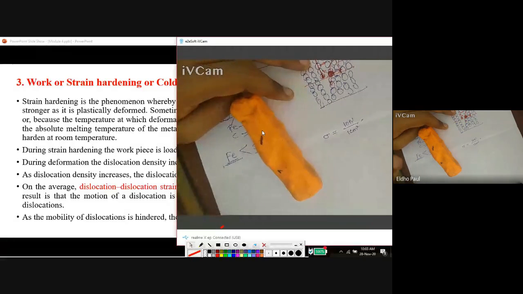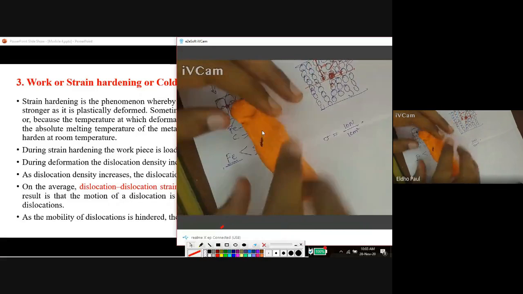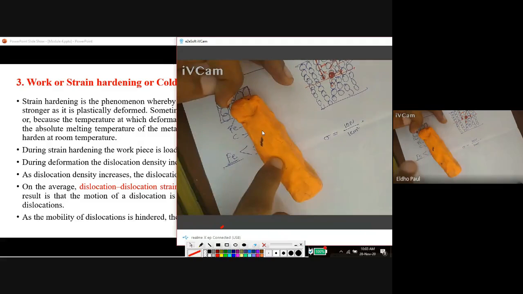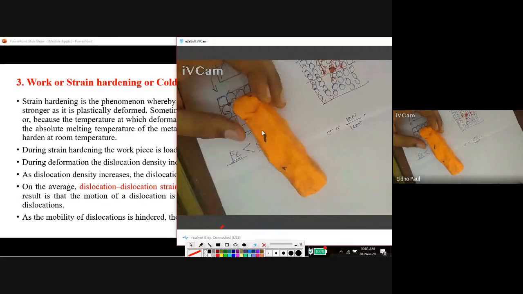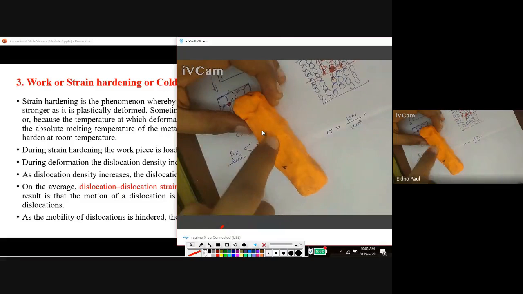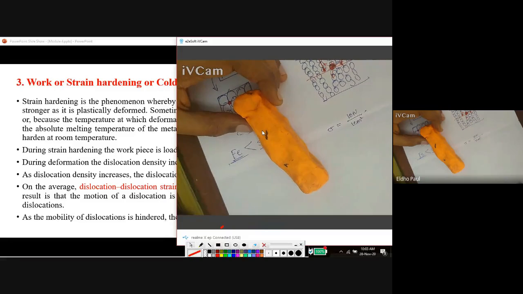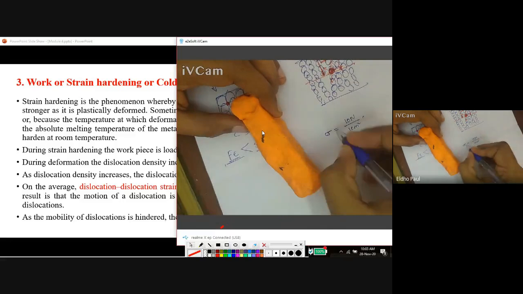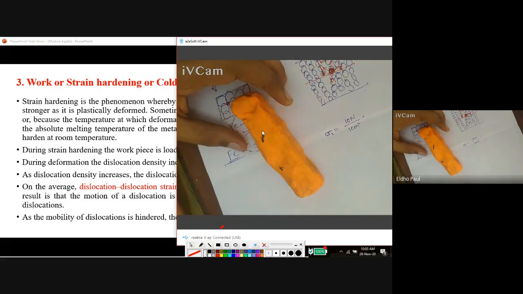When I apply stress on this material, it is deformed by an amount, and this deformed material has higher strength than that of the undeformed material. Initially I apply sigma 1 amount of stress for deformation.